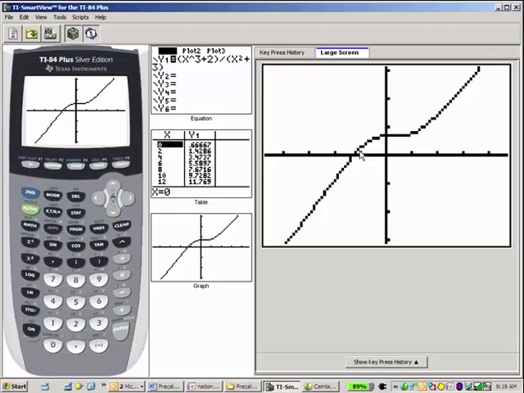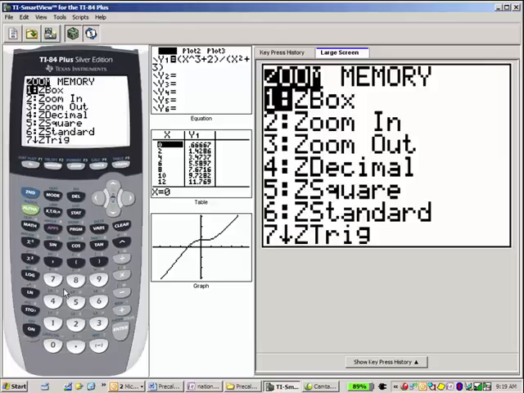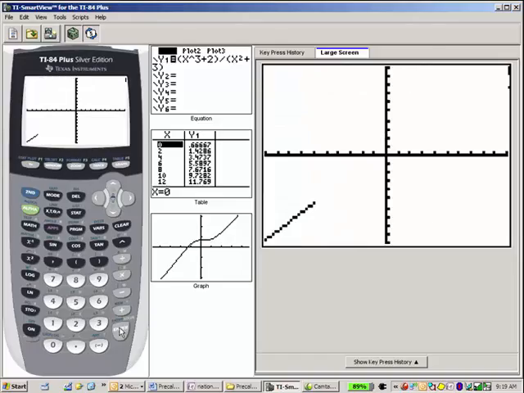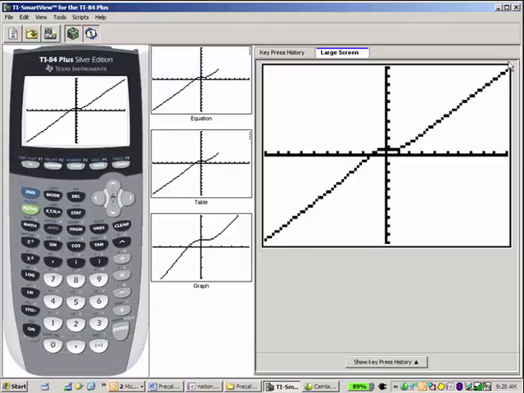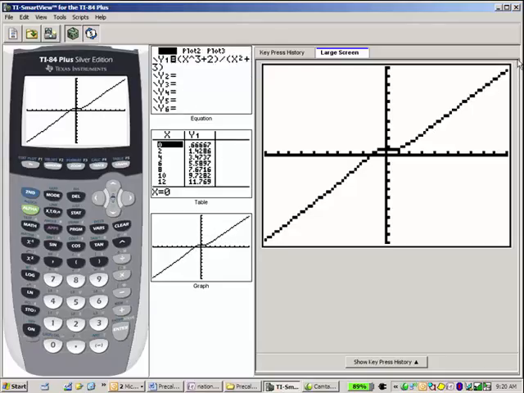The cube root of negative 2, right? We said that's when we would have a 0 in the numerator. So if we go back to Zoom Standard, and we could zoom out even further if we wanted to, what does it look like this function does in the long run?